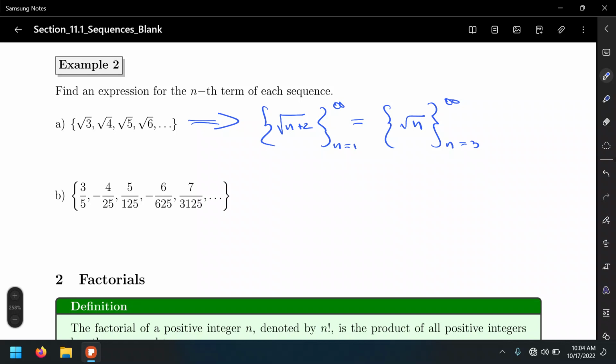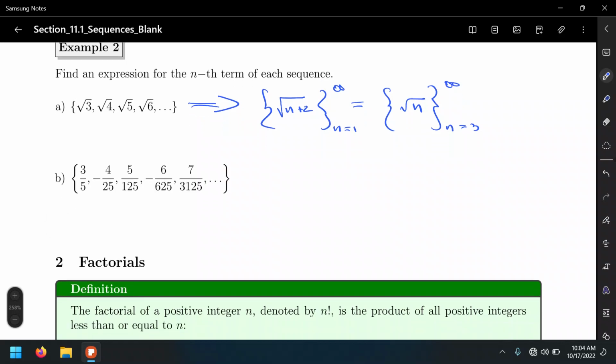Essentially what we're doing here is shifting the indices, and that's something we may need to do in an application when we want to combine sequences together. We may need to do this so the sequences have the same starting index, otherwise we wouldn't be able to combine them.